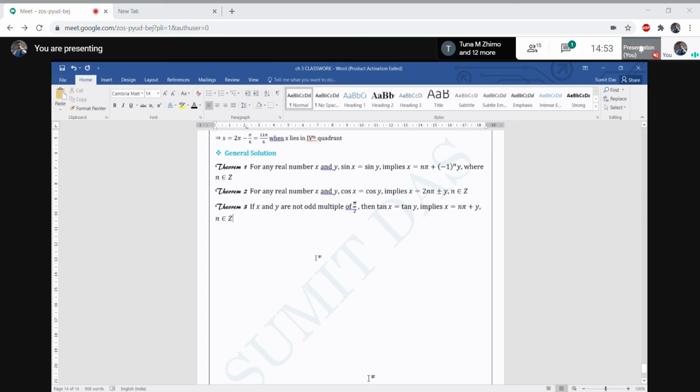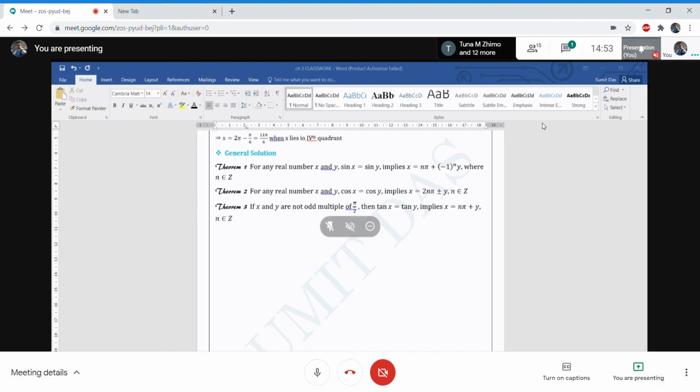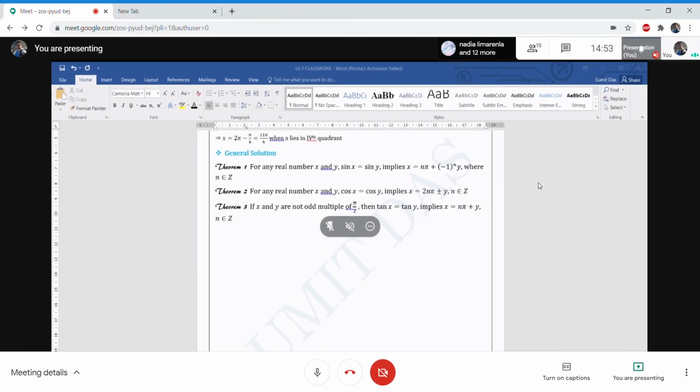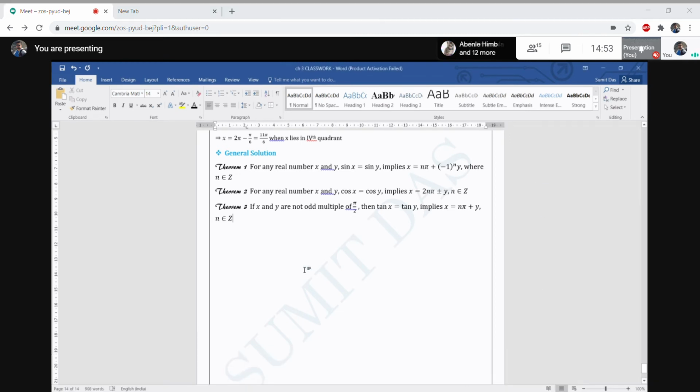Let me revise once what they are saying. Theorem 1 is saying that for any real number x and y, when sin x equal to sin y, it implies that x equal to n pi plus (minus 1) to the power n y.